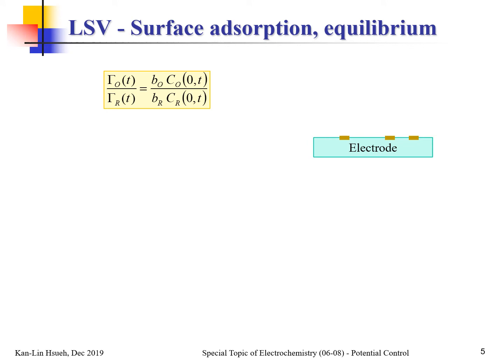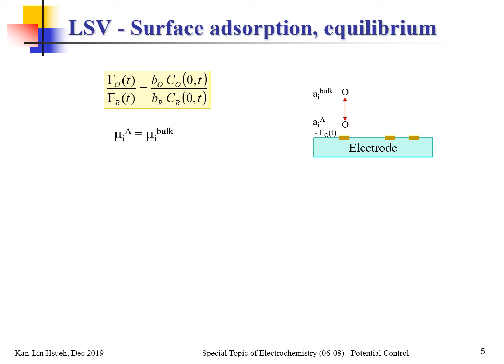We can see at the electrode surface, the oxide will be gradually adsorbed on the surface through a certain kind of bonding, and then the activity of the oxide in the bulk, we say a_i bulk, and then a_i adsorbed species. In this case, we have gamma_O, and they should maintain a certain kind of equilibrium over here, because the adsorption is so quick.